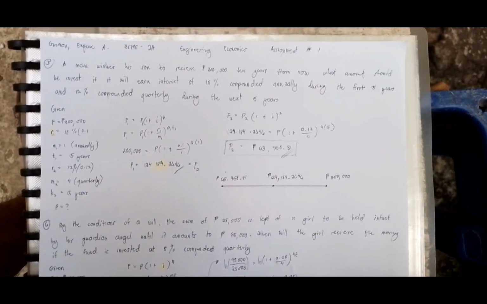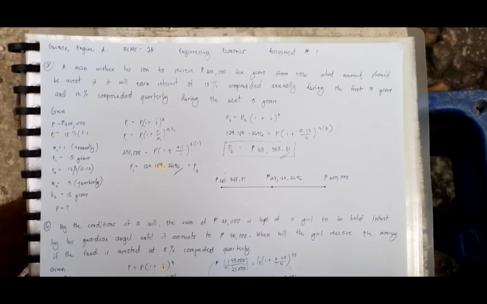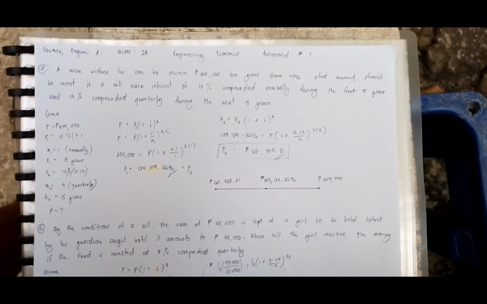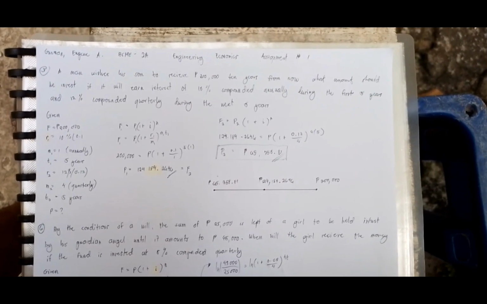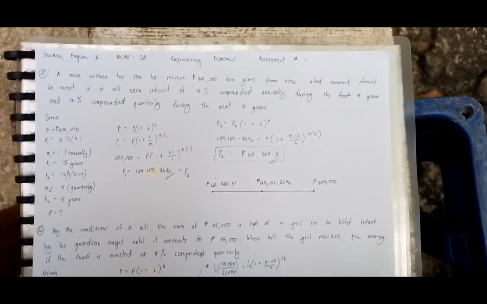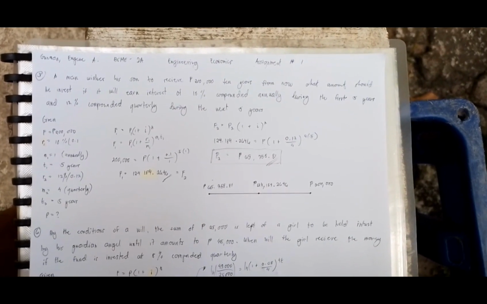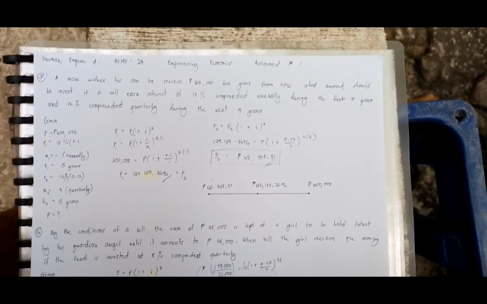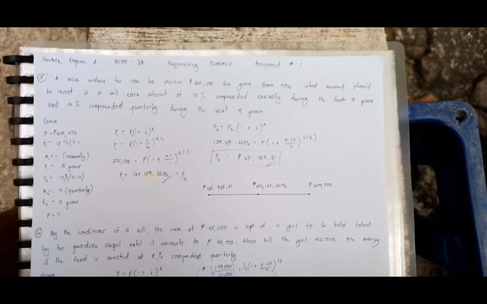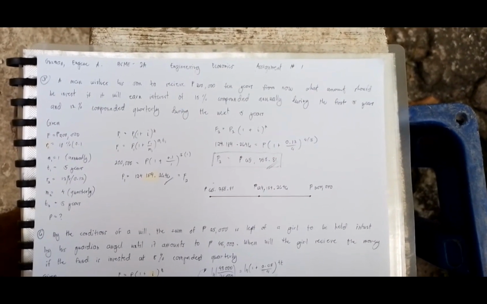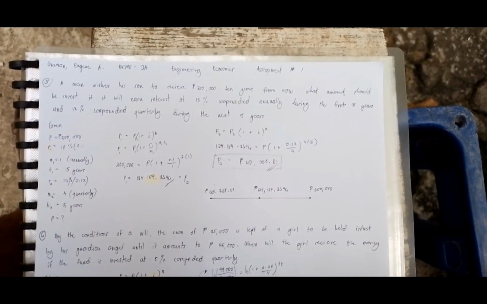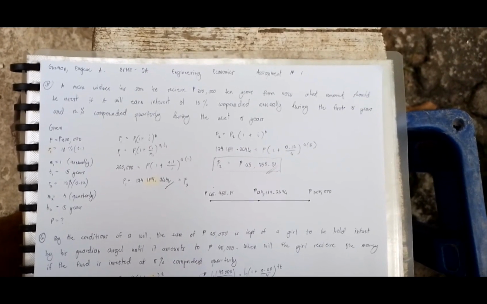So number 5. A man wishes his son to receive 200,000 10 years from now. What amount should he invest if it will earn interest of 10% compounded annually during the first 5 years and 12% compounded quarterly during the last 5 years?